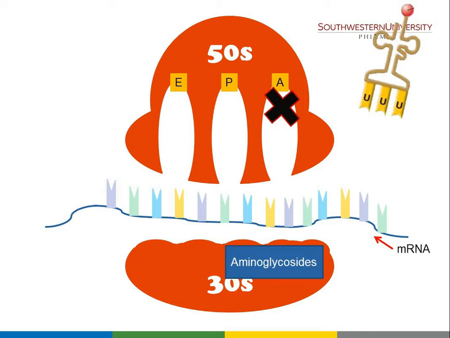No. Imagine it's blocking this tRNA, which is carrying the amino acid, the building block for proteins. If you inhibit the tRNA from coming in the A site and allowing this protein to be elongated and made, then you're not going to allow this bacteria to survive eventually.